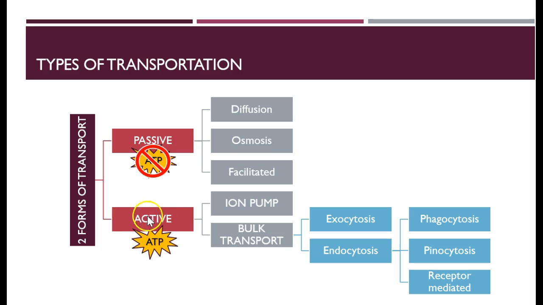There are two forms of transportation, which are an ion pump and also a bulk transport. The bulk transport can be divided into two, exocytosis and endocytosis. Endocytosis can be further broken down into three types: phagocytosis, pinocytosis, and also receptor-mediated.